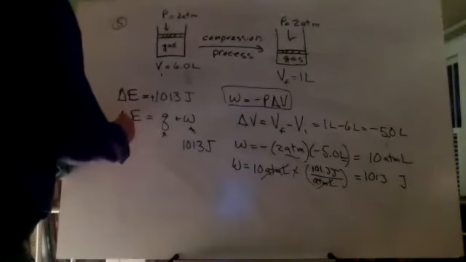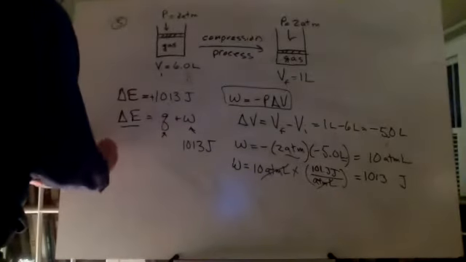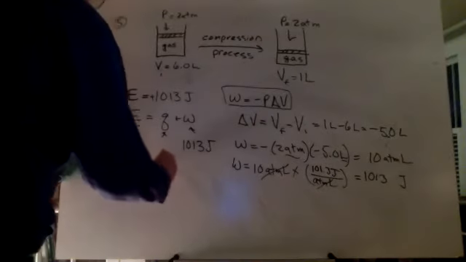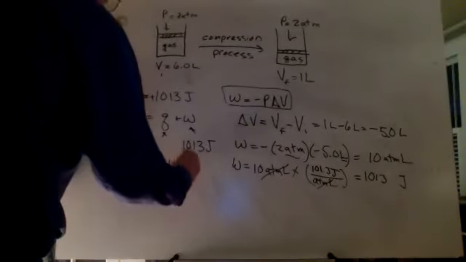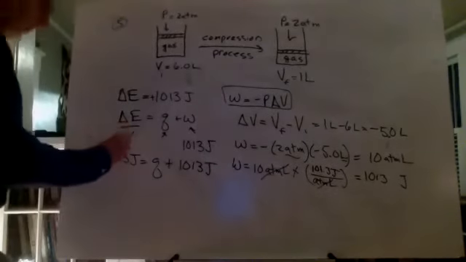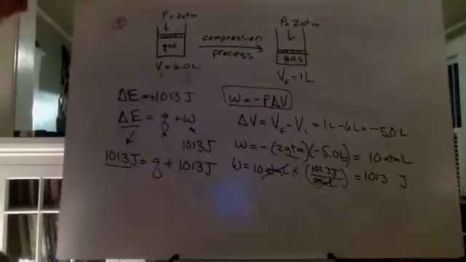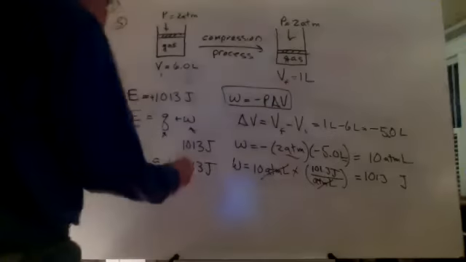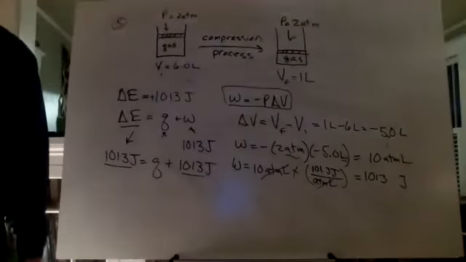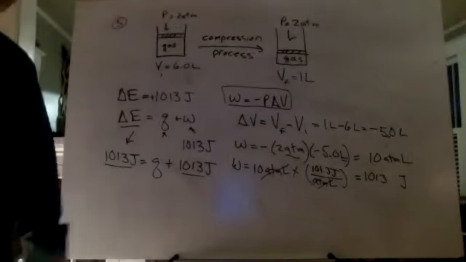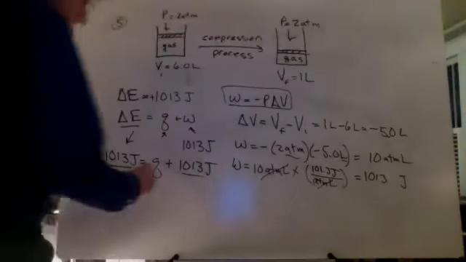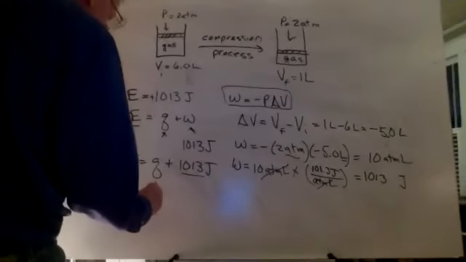Well, we know that delta E was 1,013 joules, and that has to equal Q plus work, and the work is 1,013 joules. So we just plug in for delta E, 1,013. We plug in for the work, our 1,013. So what must Q be for this process? How much energy was transferred into or out of the gas in the form of heat? And that would be 0.